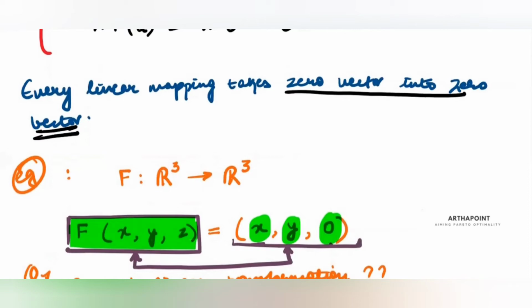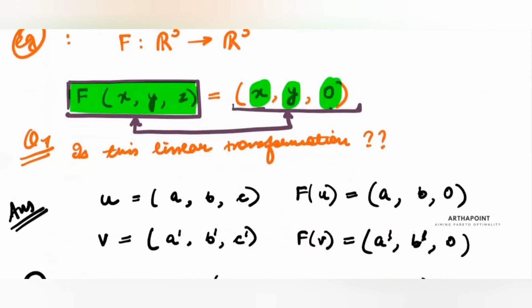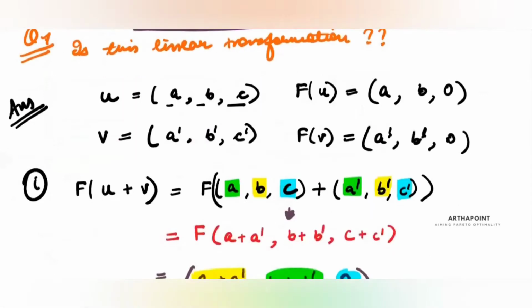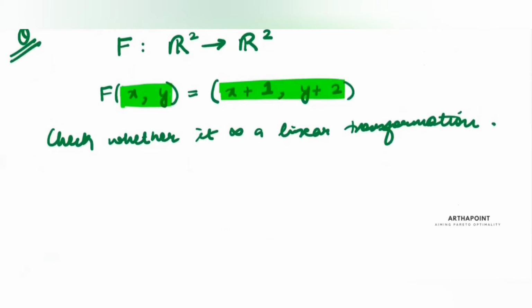Which means whenever instead of the vector you put 0, 0, you should get 0, 0. That is an important property of linear transformation. Here also, if my vectors were 0, 0, 0, I would have got the function as 0, 0, 0. So an important property of linear transformation is that it takes the 0 vector into 0.